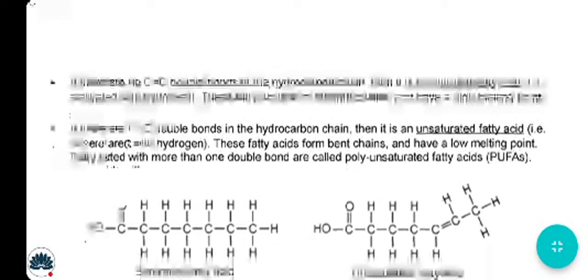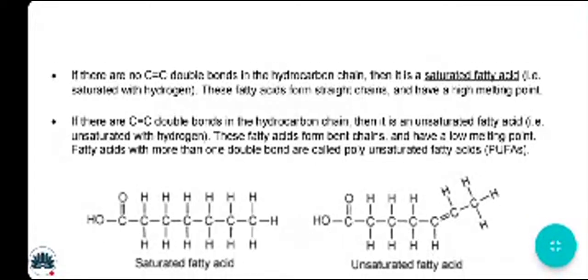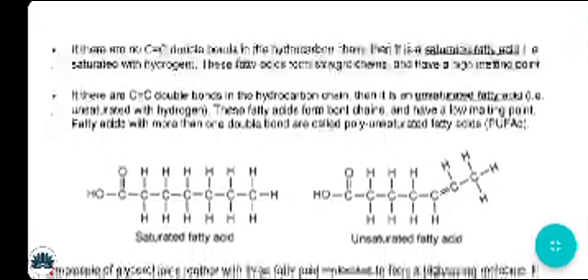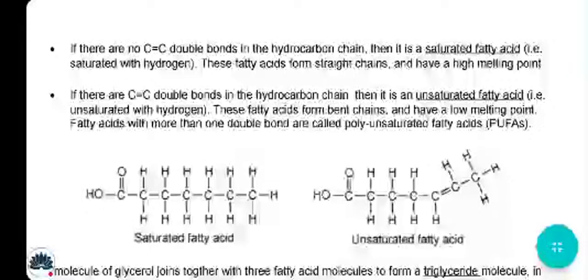These fatty acids have straight chains and a high melting point because they are saturated. Because of this they are usually fats. Fats are solid at room temperature and have a high melting point.